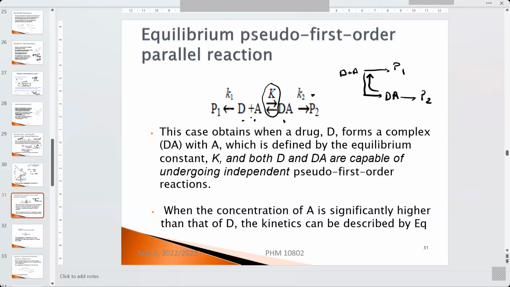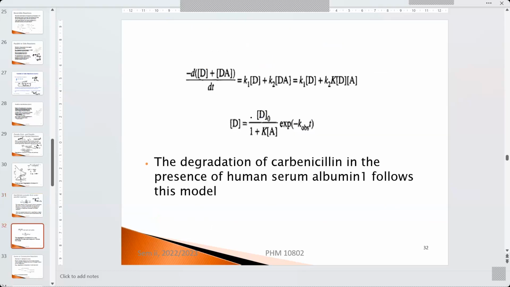This case happens or is obtained when a drug D forms a complex DA with A, which is defined by the equilibrium constant K, and both D and DA are capable of undergoing independent pseudo first order reactions. When the concentration of A is significantly higher than that of D, the kinetics can be described by this equation, which then becomes more complicated.